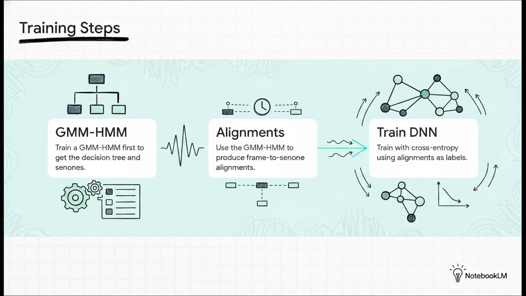Then, step 3, you use those alignments as your absolute ground truth reference labels to train your DNN. Because without those per-frame senone labels, the DNN has zero idea what to calculate its cross-entropy loss against. So remember this, the GMM-HMM is the mandatory bootstrap, and the DNN-HMM is the high-octane upgrade we build on top of it.